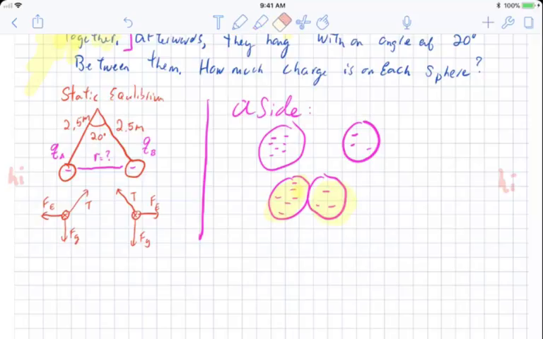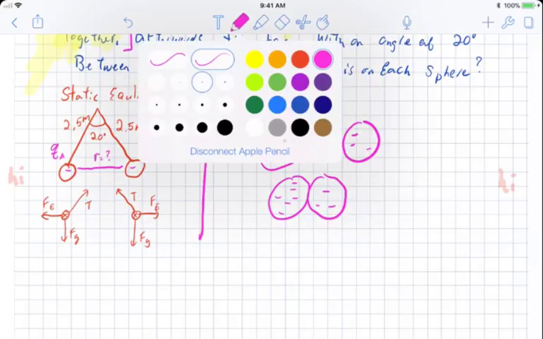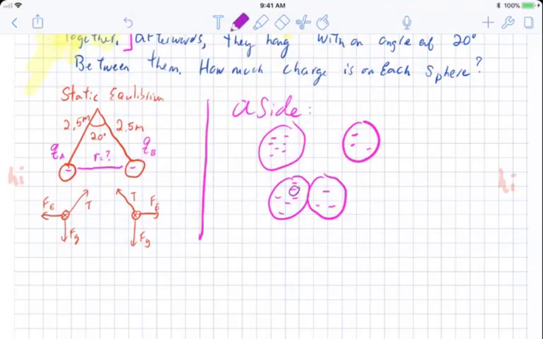And so what happens is some of these electrons will migrate to the other charged object until the pressure between the electrons is the same on each of them. So they'll just spread out the way gas does. If you have one room that has a lot of pressure and another room with not very much pressure, and you open a door between them, the gas will move from one room to the other until the pressures are the same. The same thing is working here with these electrons.